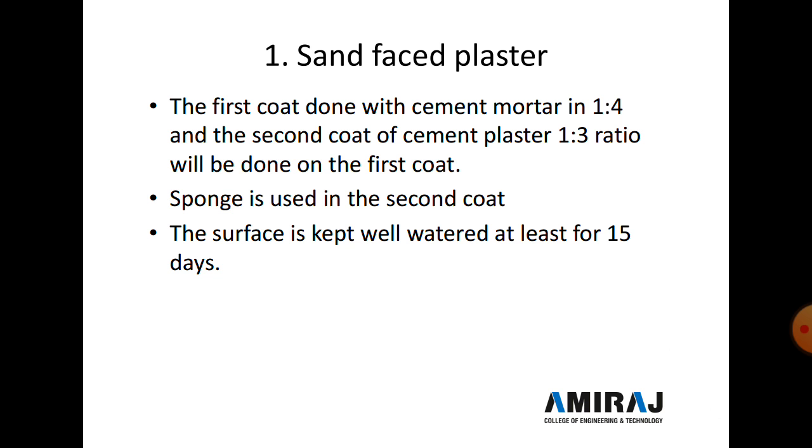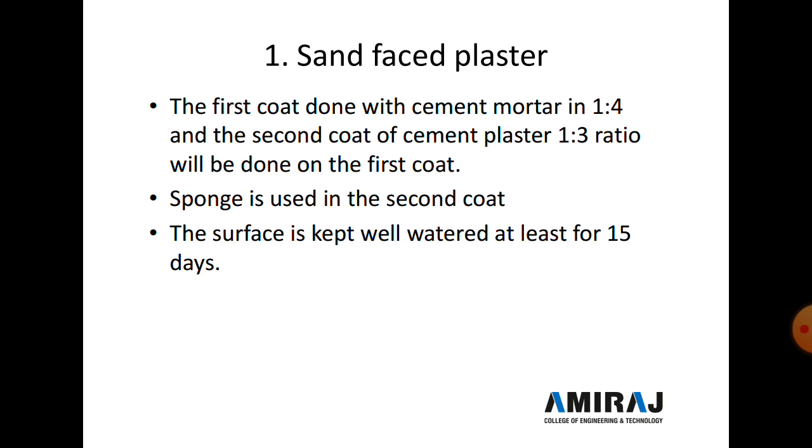Now here 2 ratios are given, 1:4 and 1:3. So what is 1:4? Here 1 shows 1 part of cement and 4 shows 4 parts of sand. Similarly in a 1:3 ratio, 1 shows 1 part of cement and 3 shows 3 parts of sand.